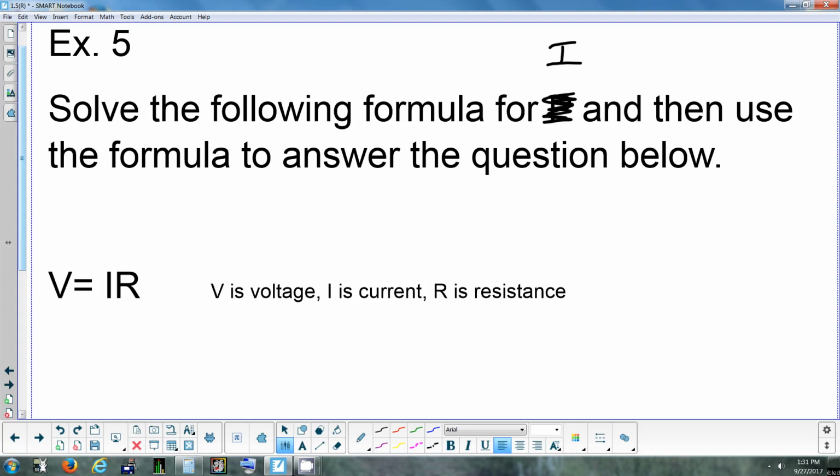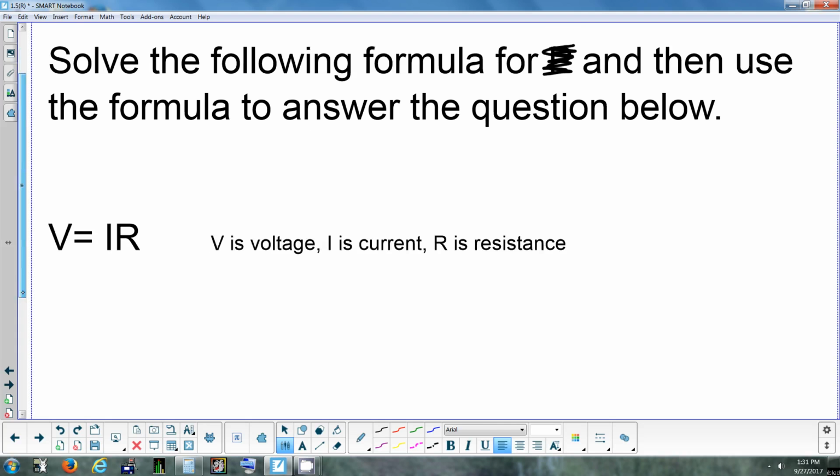So it says solve the following formula for I. So guys, on your sheet, what was the formula we gave you? E equals HP. Then it says E is earnings, and so on.